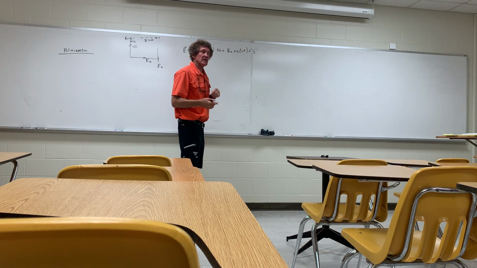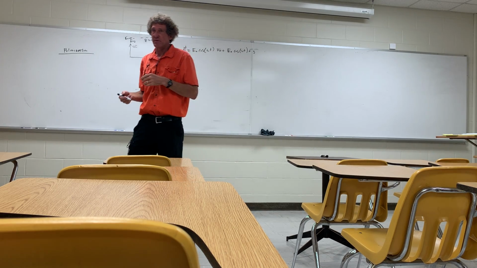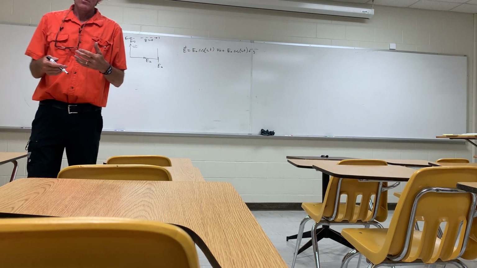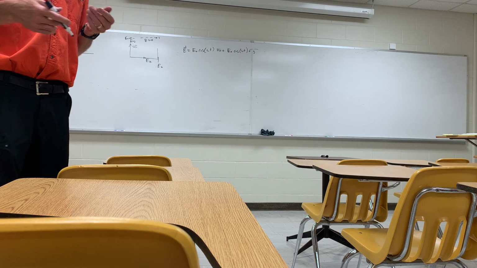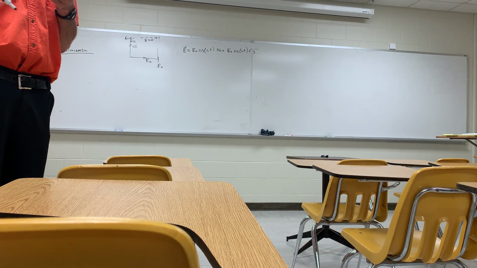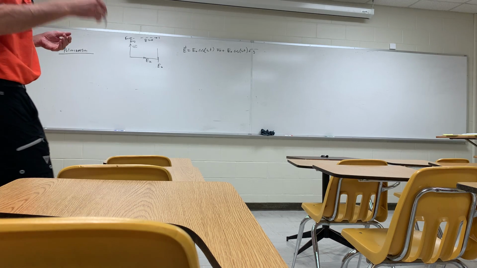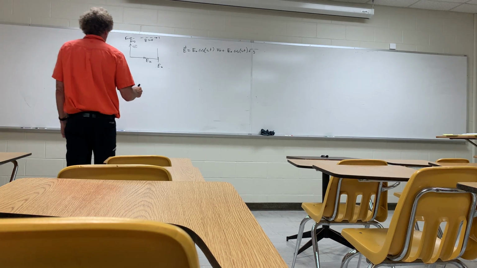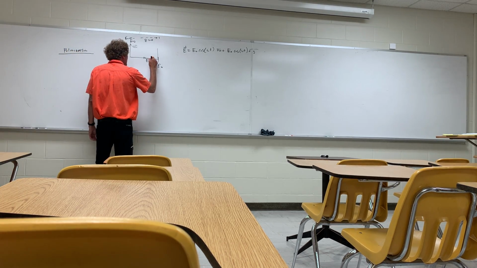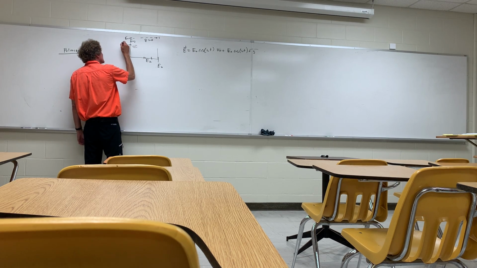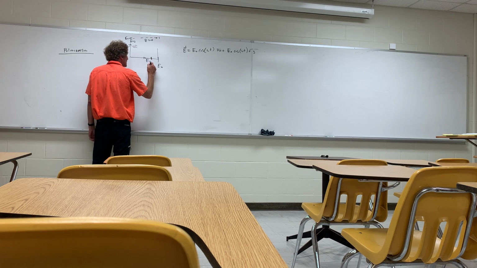Now let omega t be equal to 45 degrees, or pi over 4. What's the cosine of 45? 1 over square root of 2. It's less, right? But both here and here, this would be E naught over square root of 2. This would be E naught over square root of 2.